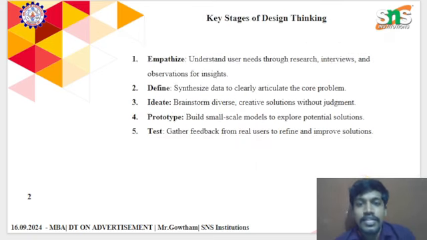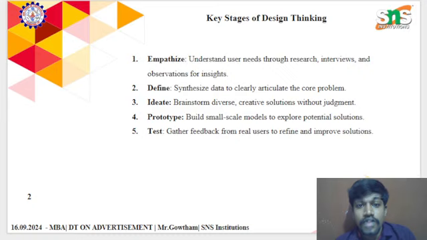Next slide: what are the key stages in design thinking? The first is empathize, second is define, third is ideate, fourth is prototype, and fifth is test. We already know empathize means going through market research, approaching customers via interviews or face-to-face interactions, or taking surveys online.